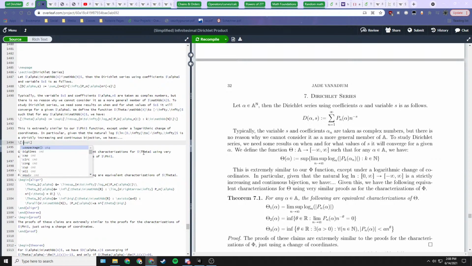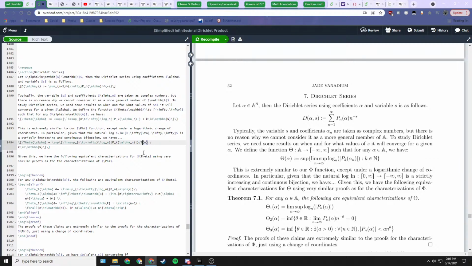This would be theta of alpha is equal to this, also a supremum. By just doing a change of coordinates, we do this divided by log base n, or rather ln of n.